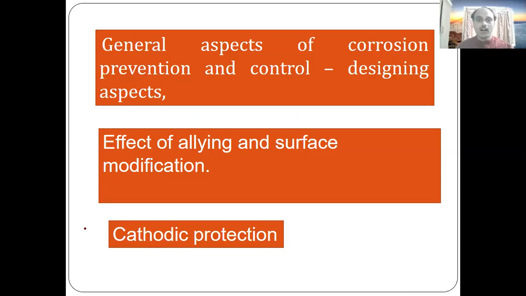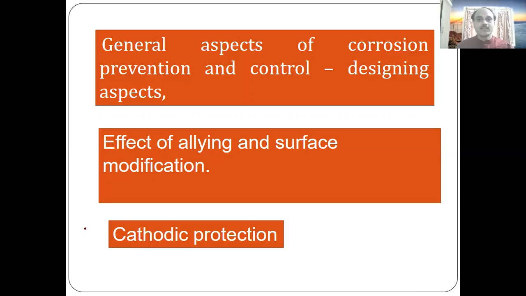And the effect of alloying, there is a spelling mistake, kindly excuse me, and surface modification. Why do you do surface modification? Say I have a plain iron surface. I modify this surface by adding another metal or substance to prevent further corrosion.